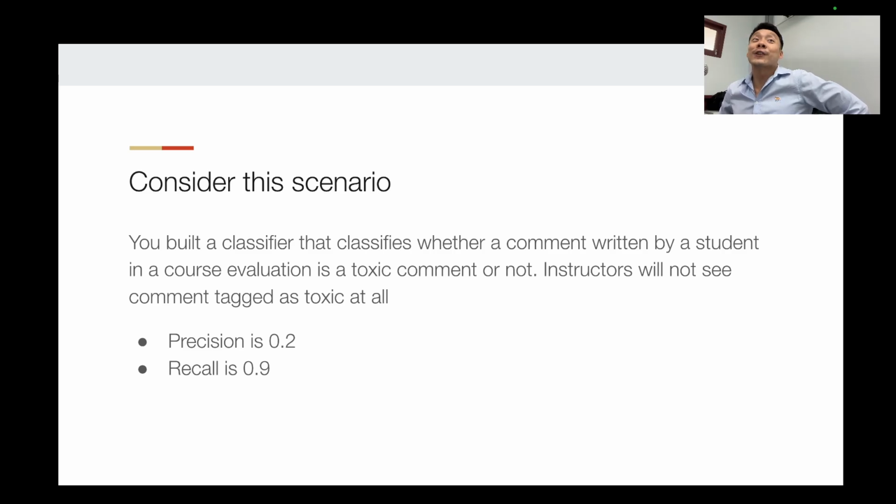So if you prioritize recall, which this model does, the instructor would almost not see toxic comments at all, because around 10% of the toxic comments will get through. That's probably fine, maybe. But on the flip side, if the precision is this low, which means what?